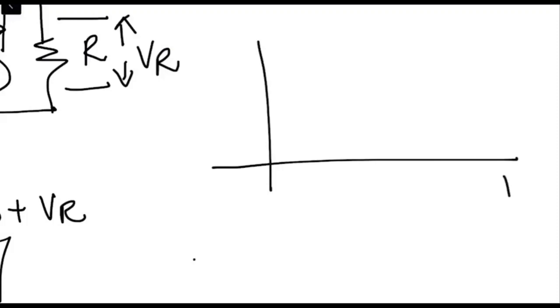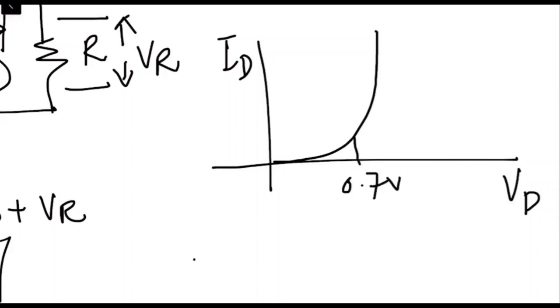So we have VD and we have ID, right? And we have seen that the characteristic curve of the diode is something like this, and normally this point is 0.7 volts for silicon, or if it is made up of germanium, it is 0.3 volts.